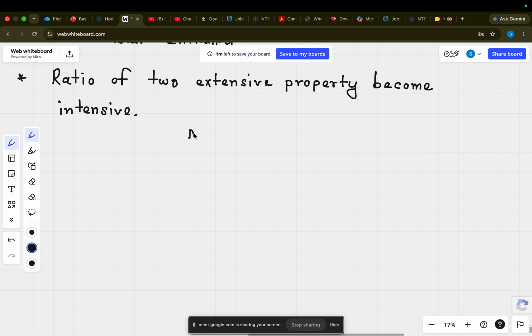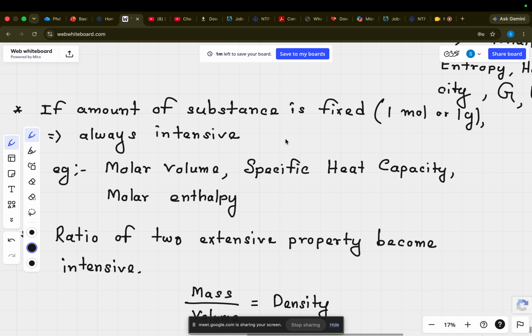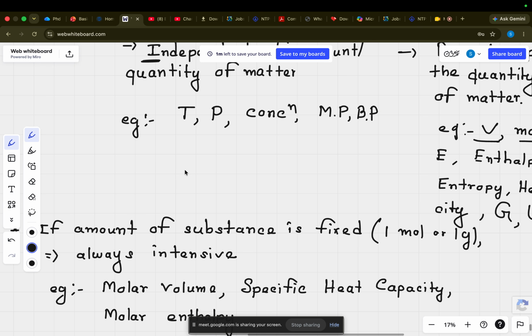So if I write mass divided by volume, that is your density. Density is equal to mass by volume. Mass and volume individually are extensive in nature, but density is your intensive property. So you can add here one more thing, that is your density.